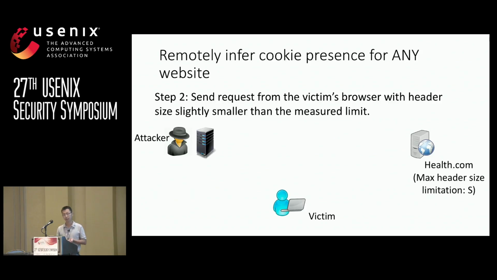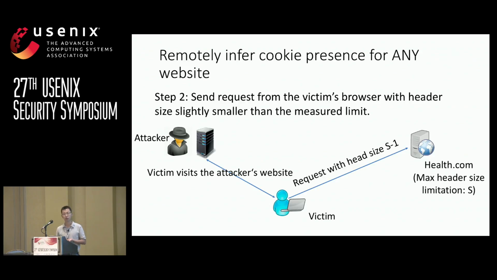And then the attacker sends simple requests from the victim's browser with crafted values and makes sure the total header size is slightly smaller than the header size limitation of the target server.